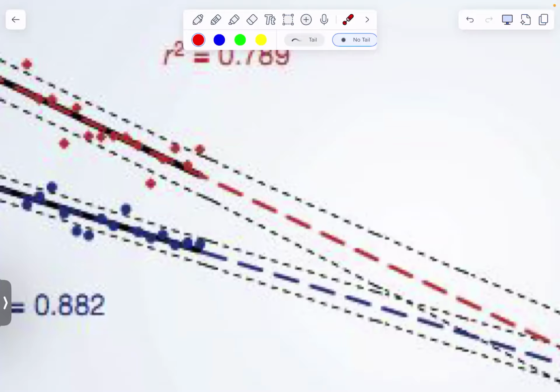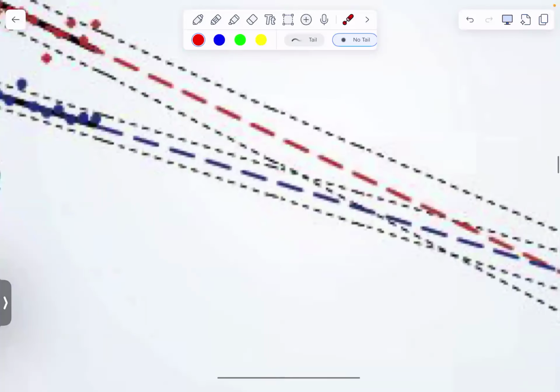And so what they have is uncertainty around this model. Notice that the uncertainty, it's hard to tell, but it keeps getting wider and wider as you move further and further out. So as you're extrapolating, it says, oh, I'm not very sure anymore.